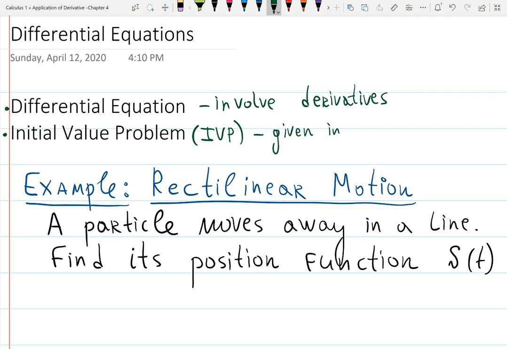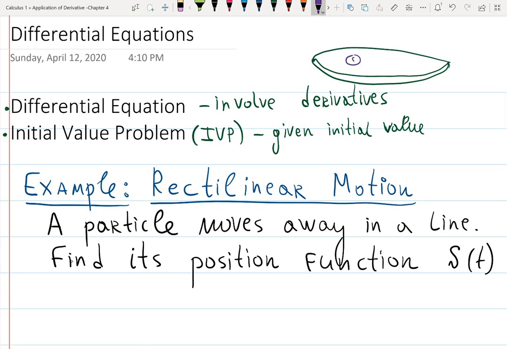Given initial values. And by initial values I mean some kind of original record is given. For example, if you are working with bacteria, and this is your petri dish. Let's make it more like a circle. A petri dish is that piece of glass. Inside you have little bacteria and they are dividing.